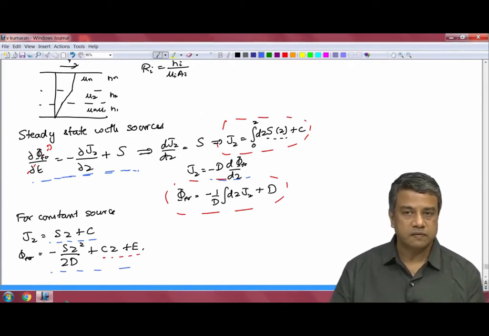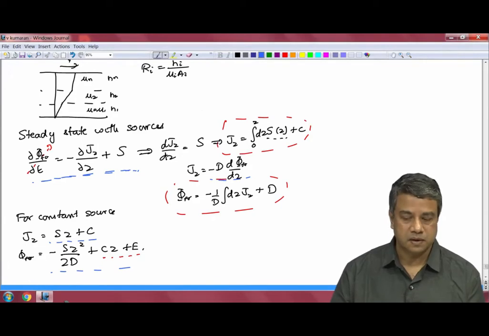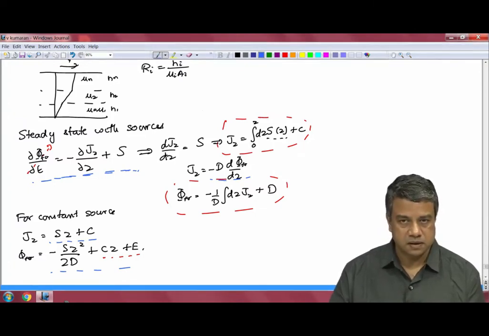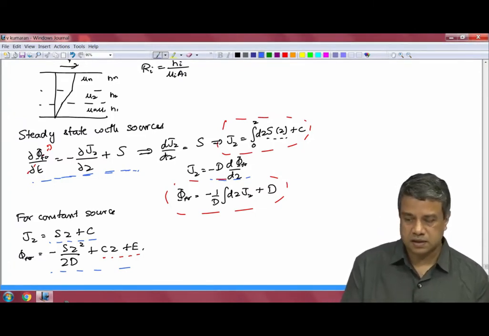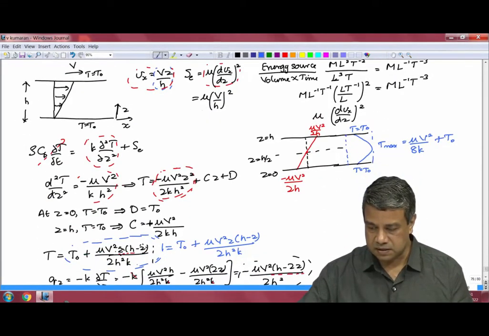The slope of the flux is equal to the source density, the source per unit volume per unit time. I had illustrated that with the viscous heating in a channel.